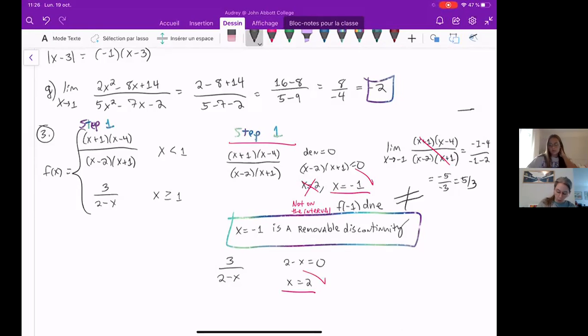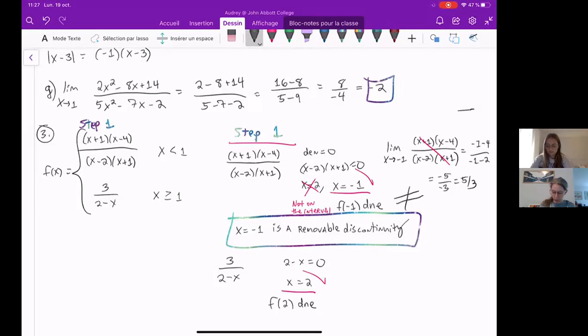Yes. So what does f of 2 equal? So what is f of 2? It's going to be 3 over 0, which does not exist. So f of 2 itself does not exist.